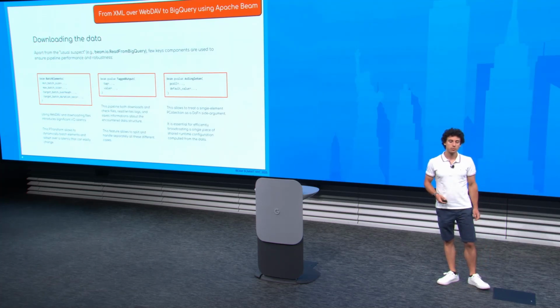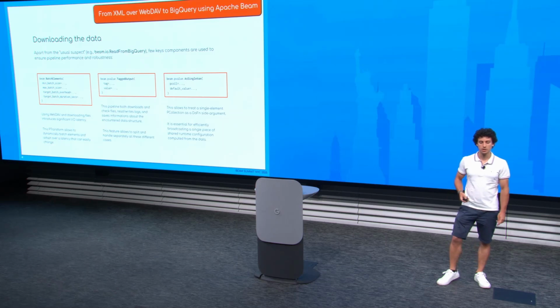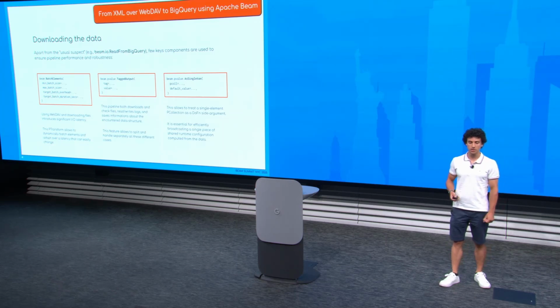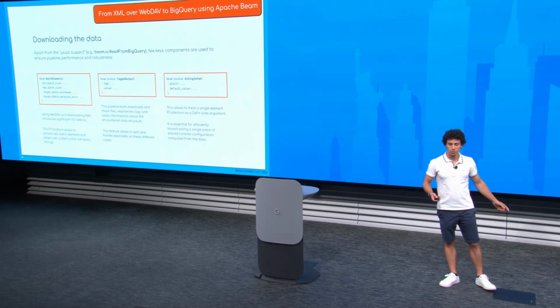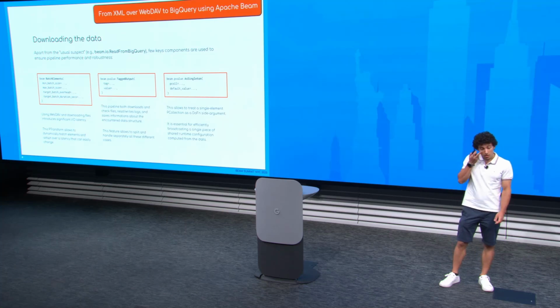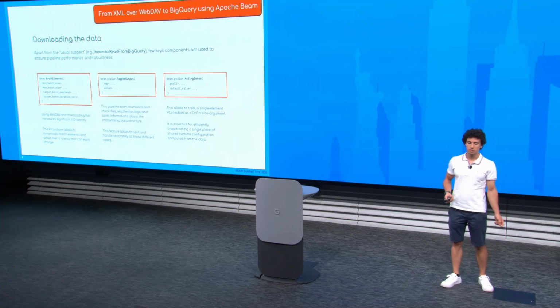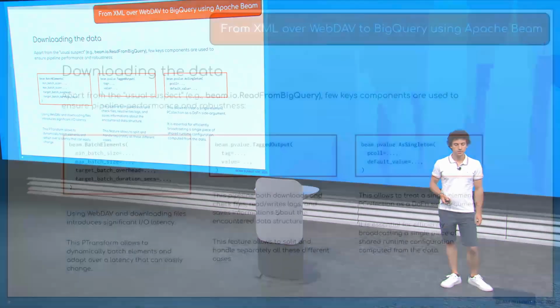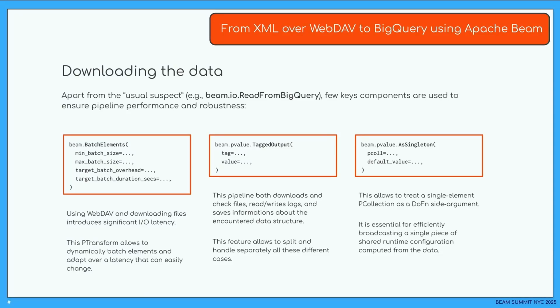So we use many components, but among the most important ones, I would mention the read from BigQuery, of course, because it's where it starts. And then we use batch elements because we found it particularly useful, because the servers we're connecting to are actually not that easy to handle.